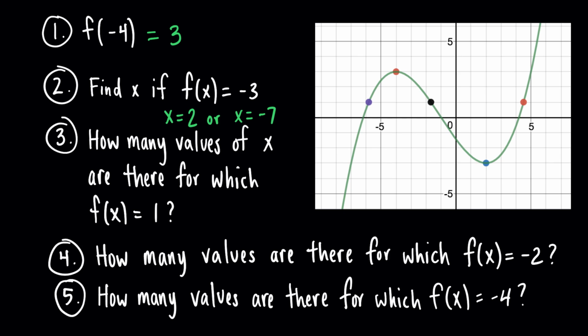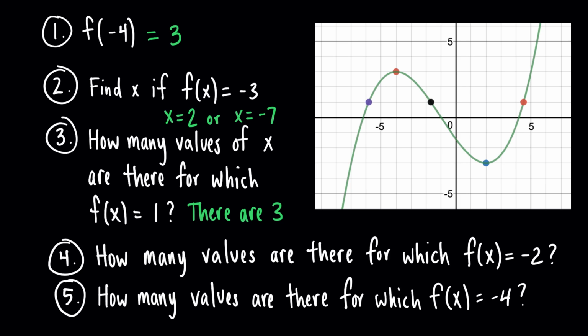Just visually looking at this, there's 1, 2, 3. I don't know exactly what they are, probably like negative 5.8 or something like that, but it's not asking what they are. It just says how many values of x, in other words, how many input values are there for which the output value is 1. So we'll just say there are 3.